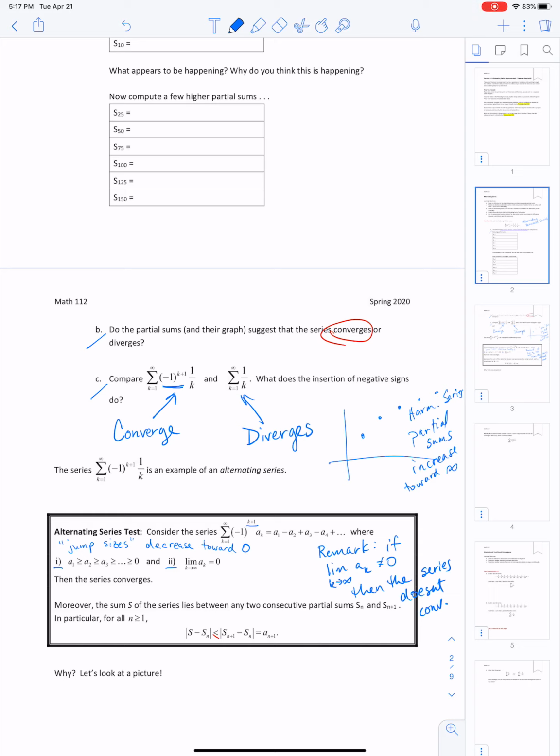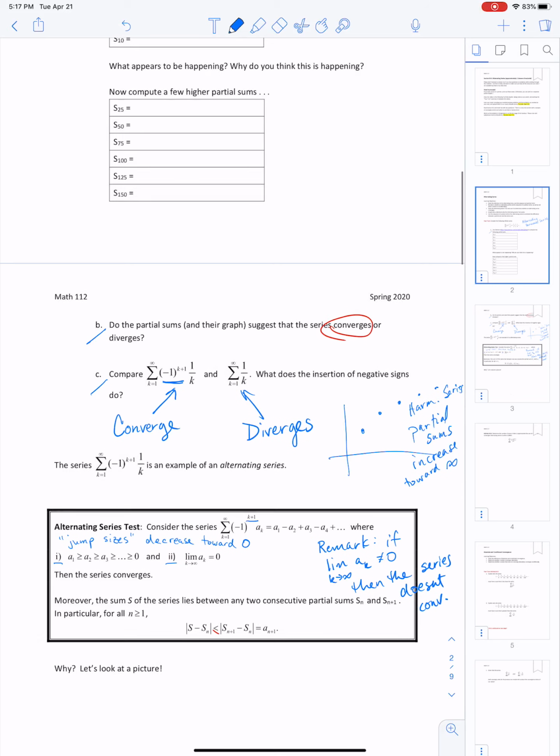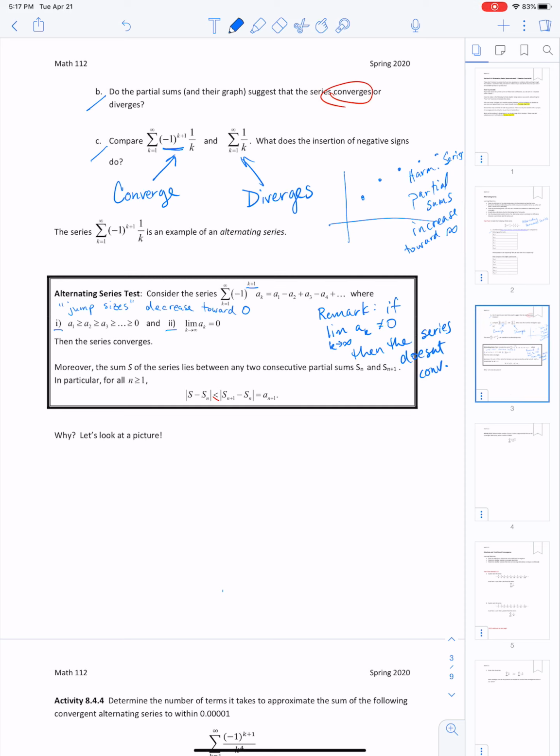I think the easiest way to see this is by looking at a picture. What we have been looking at in terms of visualizing series has been graphing the partial sums. So if we have 1, 2, 3, 4 here, then we plot S1, S2, S3 and S4 plotted here, a plot like this.